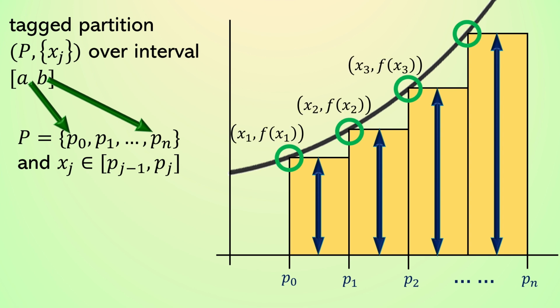Those x values are chosen specifically to be the points at which the tops of the rectangles are intersecting with our function. Those function values can then be multiplied by the width of each rectangle, which can be calculated by working out the gap between each consecutive pair of values in that partition. And therefore that's why the Riemann sum has this sigma notation format that you can see right there. Sigma meaning sum of each of the areas of those rectangles calculated in the way we just specified.